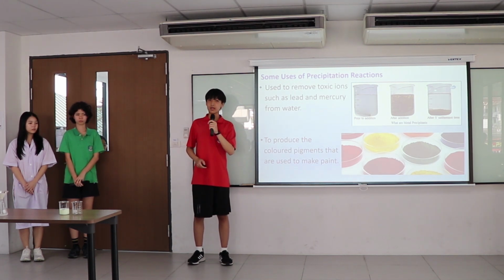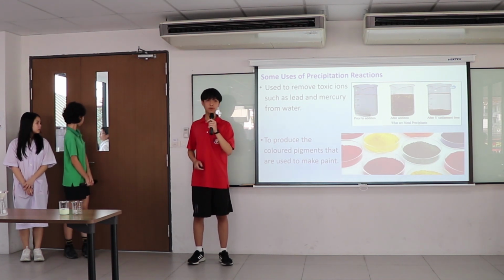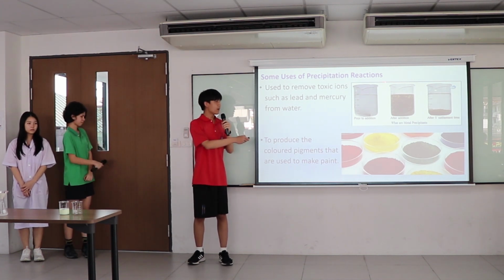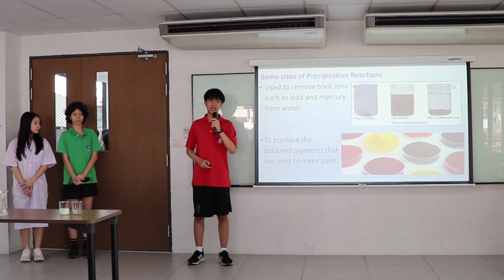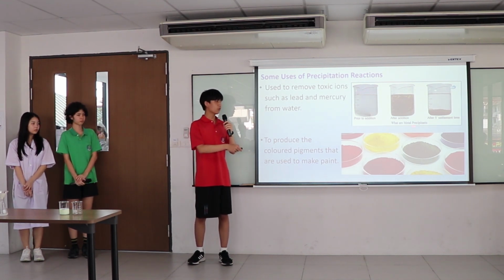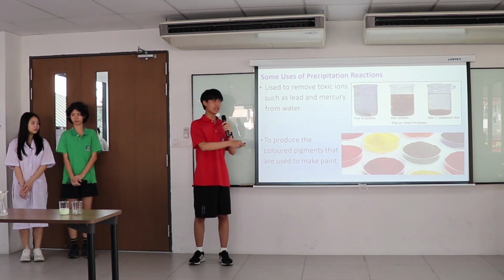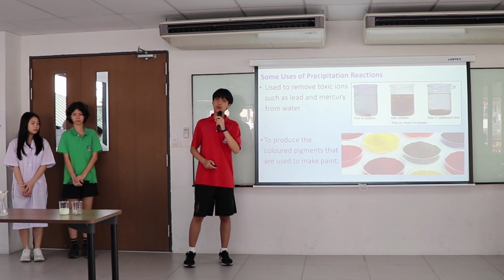And mercury could cause damage to our nervous system. To remove this, we can put in a precipitating agent, and it will form a solid compound with the metal ions. It will sink down to the bottom, and then we can filter them out to get pure, clean drinking water.